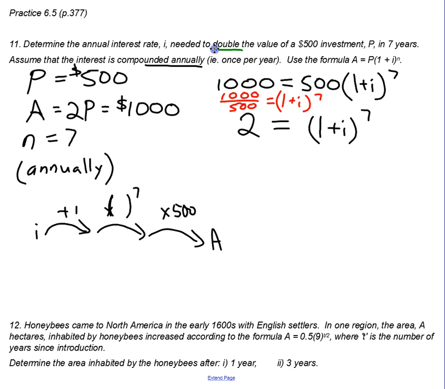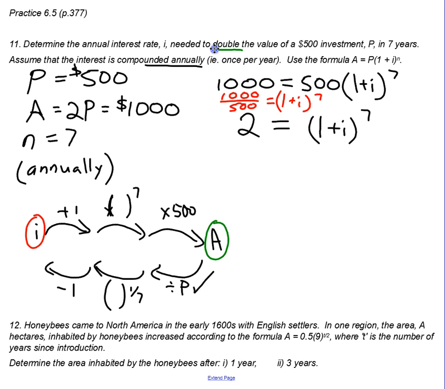So to get from the future value, you're going to be dividing by the principal. Then you're going to be taking the 7th root. Then you're going to be subtracting 1, and that produces I when you start from A.